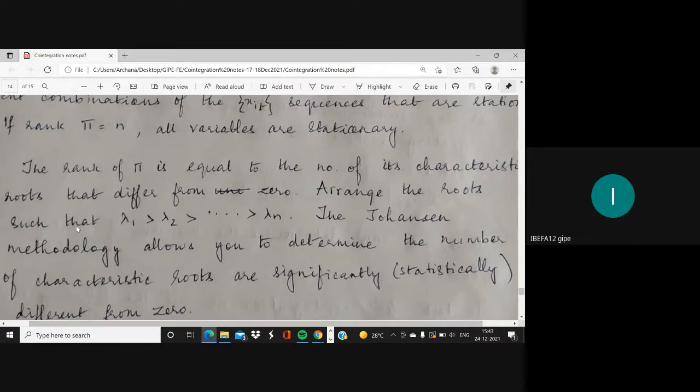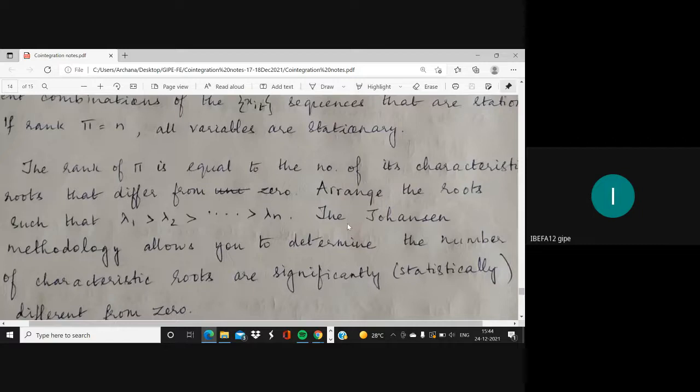Once you have solved the characteristic equations and you are able to get the characteristic roots, you'll arrange them in this fashion, in ascending order. So lambda 1 greater than lambda 2 and lambda n should be the smallest. Whichever is the smallest value, you'll put it at the very end. The largest value will come first and then the smallest value at the very end.